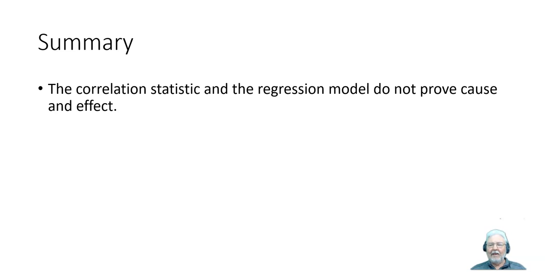It doesn't prove anything, but it allows you to support your causal model. In this case, by disrupting the IPRGC, you reduce the pupillary response and your melatonin is affected. So that's correlation and regression.